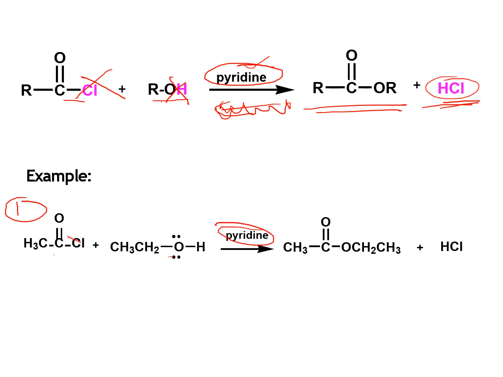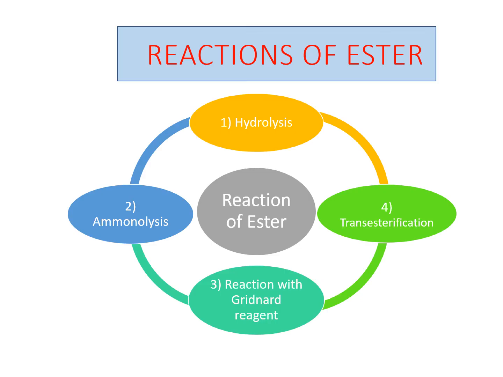So the chloride will be eliminated, and the hydrogen will be eliminated from the alcohol. To give the name, you have to give the alcohol part first, ethyl, and then here we have 2 carbon, ethanoate. So it will form ethyl ethanoate plus HCl.